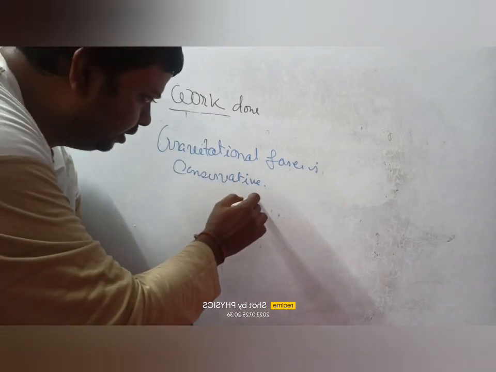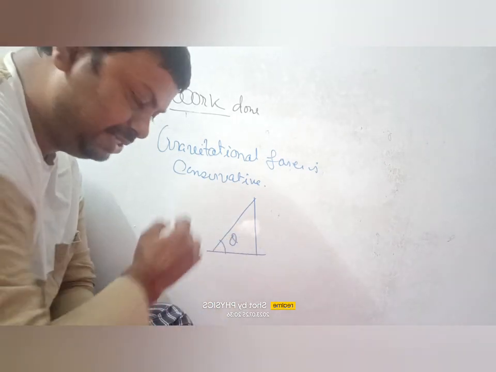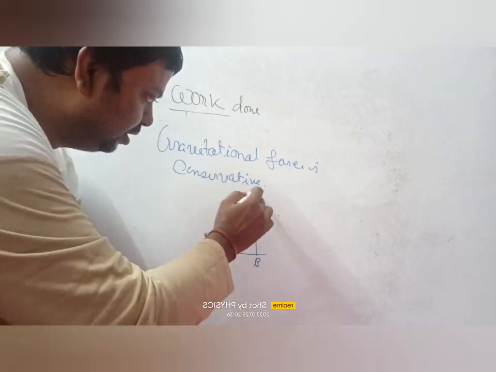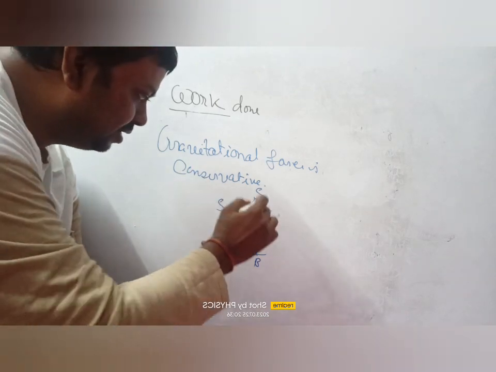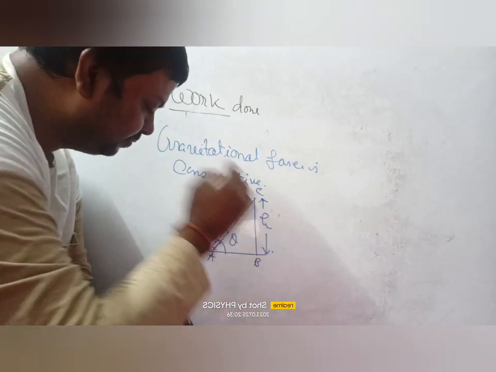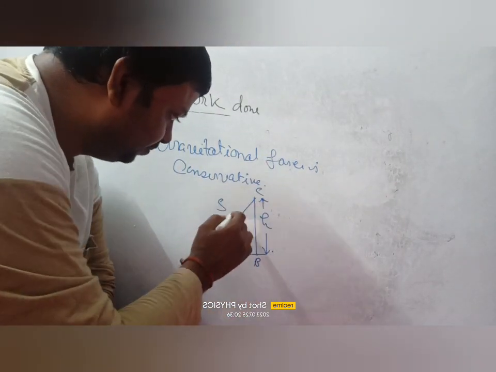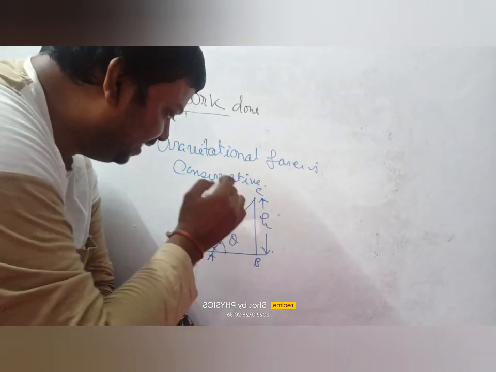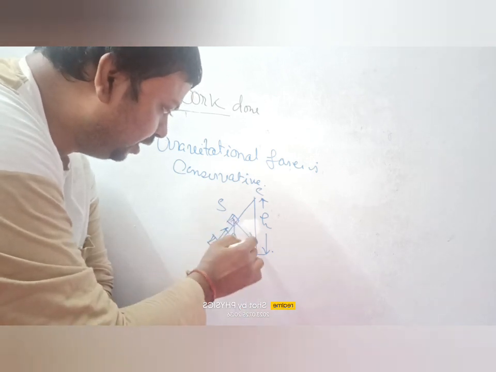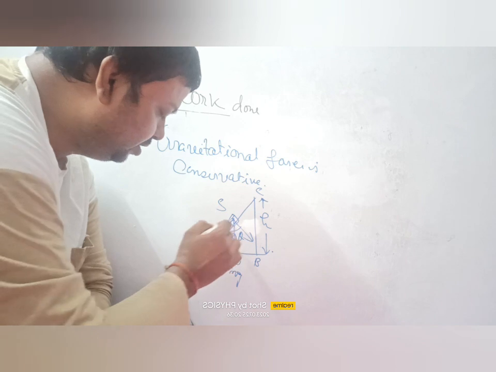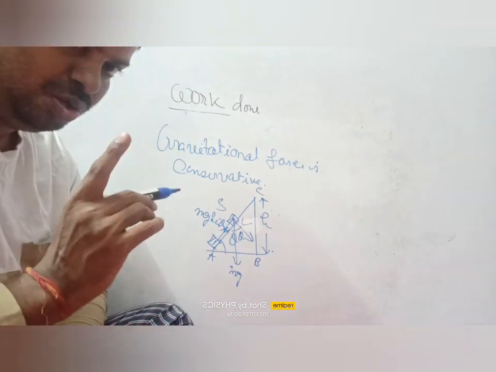How to prove it? Let us consider an inclined plane making an angle theta with the horizontal, and ABC. First we take it through a distance S, and that is height h. Along AC, what is the work done? Now if we consider the block at that position, mg acts in the vertical downward direction, so here that angle is theta, and this is mg sin theta, and this is mg cos theta.